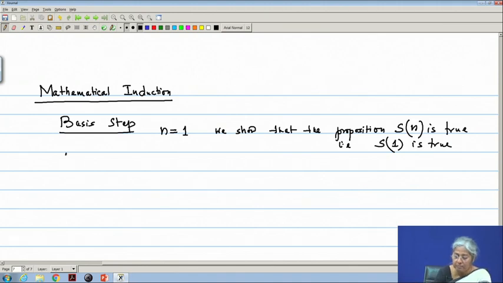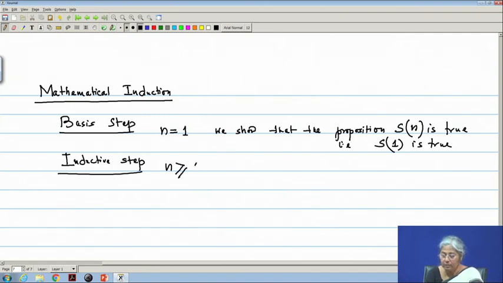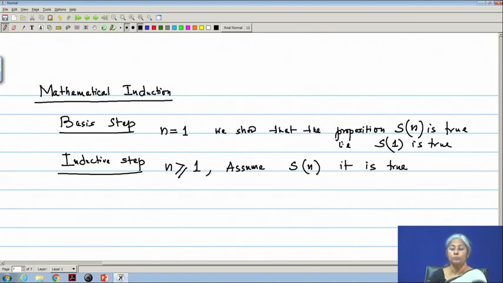And for the inductive step, for all n greater than or equal to 1, we first assume Sn is true for n. Then we have to show that Sn plus 1 is true.